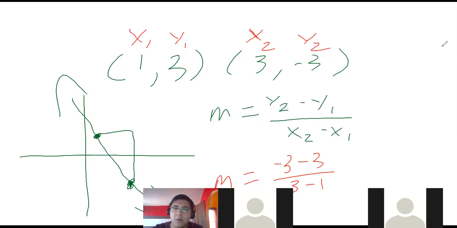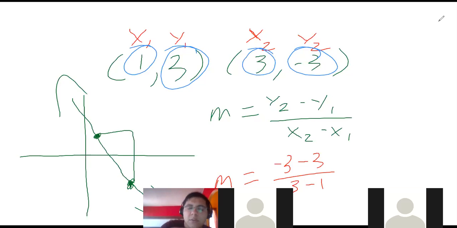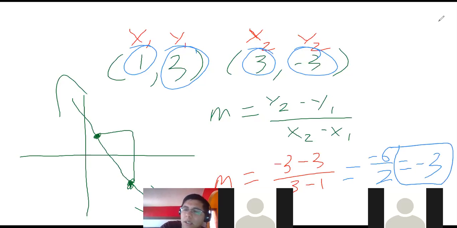So the top would be y2 and y1, and the bottom x2 and x1. So -3 minus 3 is -6, and 3 minus 1 is 2. So -6 divided by 2 would be -3. So our slope here is -3.